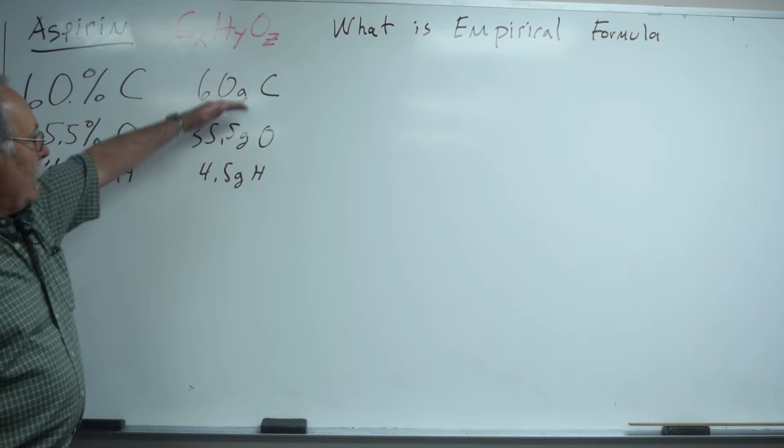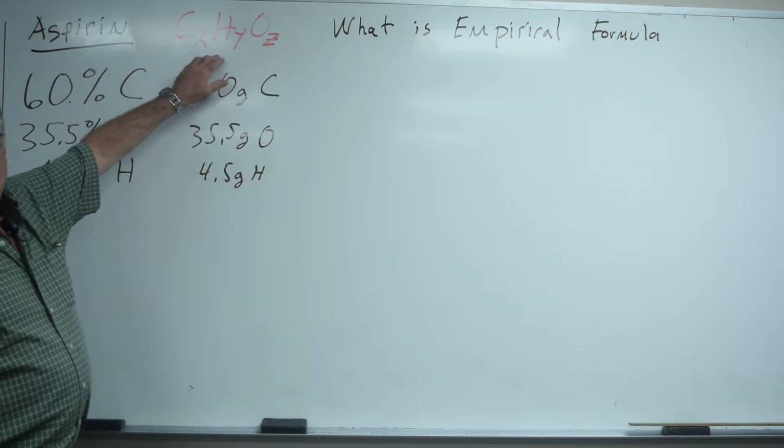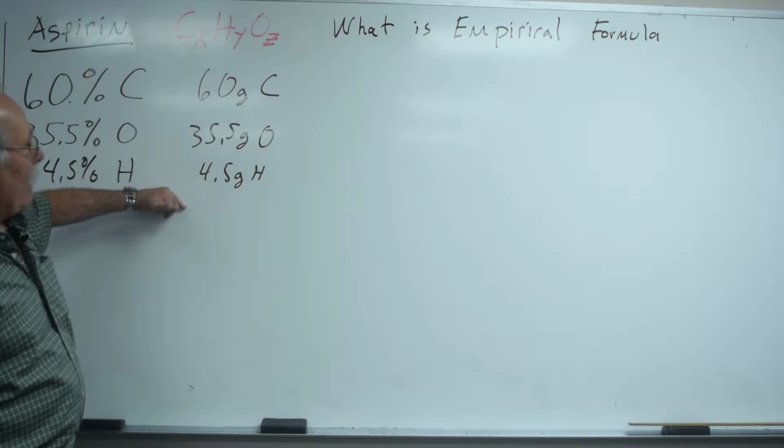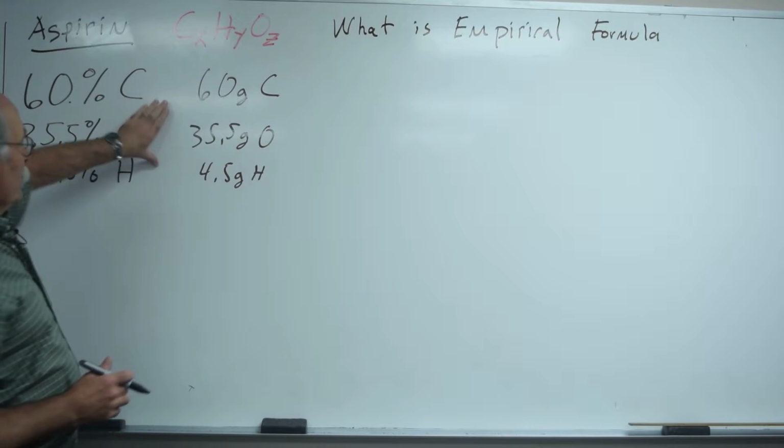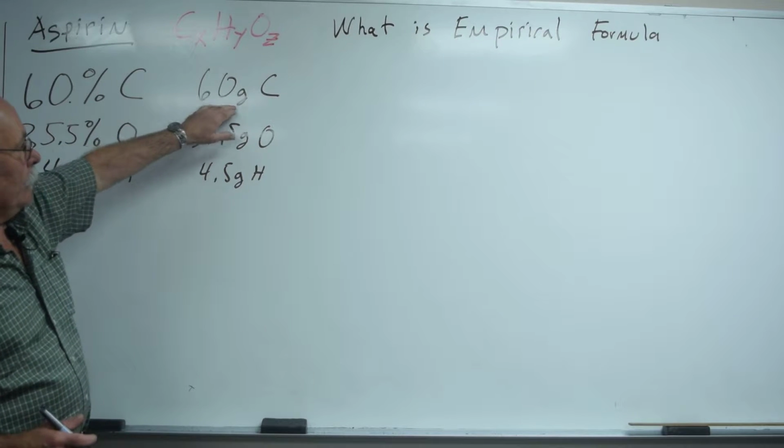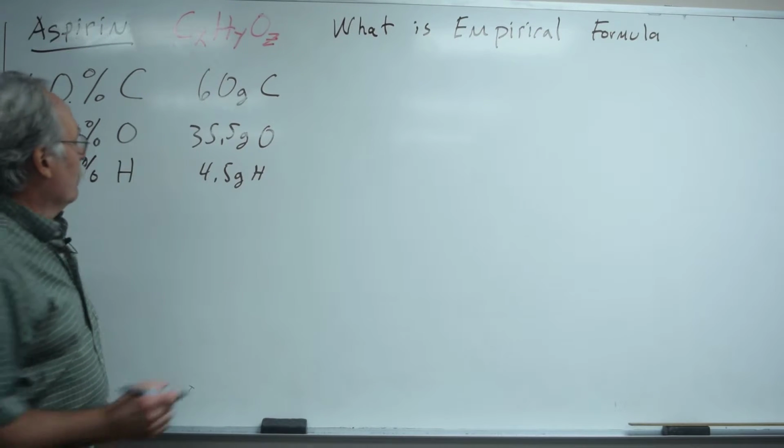Now, these are masses, but formulas are about atoms, so I need to convert my mass fractions to the number of atoms. If I have 100 grams, how many moles of carbon, how many moles of oxygen, how many moles of hydrogen?